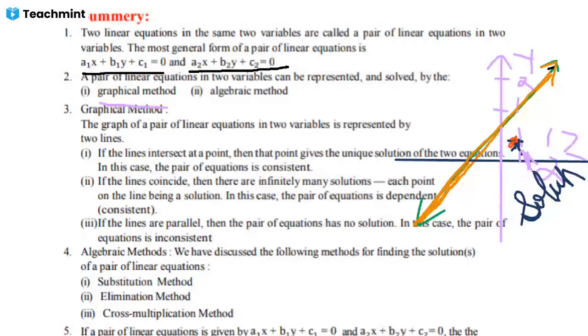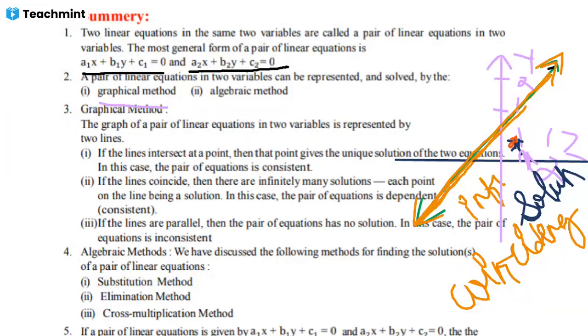Here I have drawn a green line. Coincident line. Yes, we call it a coincident line. So for coinciding lines, what type of solution will you get? Infinitely many solutions.